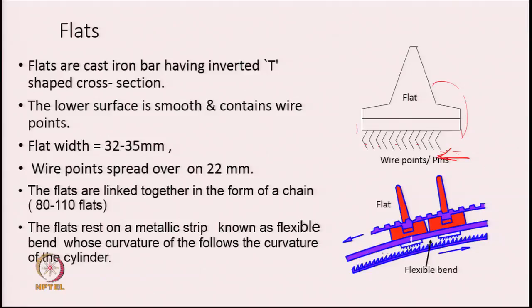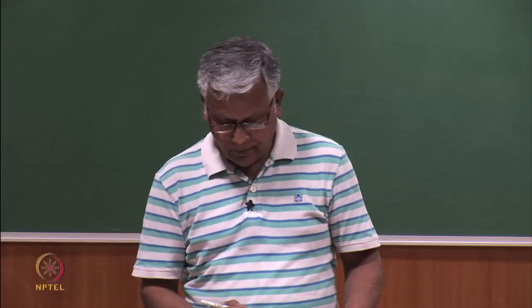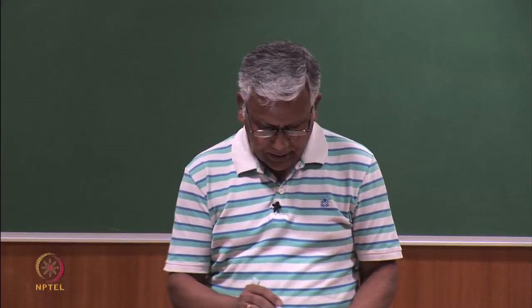So, here is the flexible band. The flats will be actually resting on the flexible band, and the flexible band in turn rests on the side frame of the machine. The curvature of the flexible band and the curvature of the cylinder almost match each other.